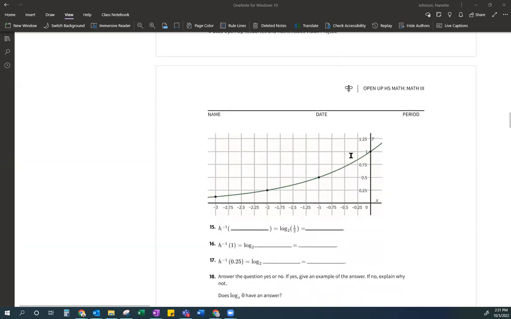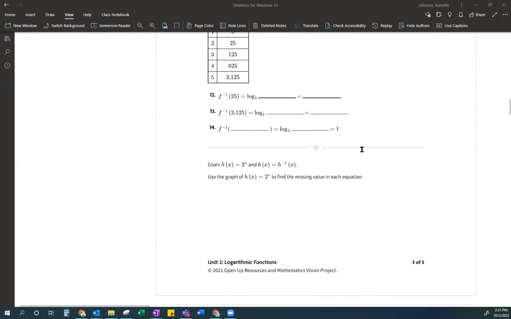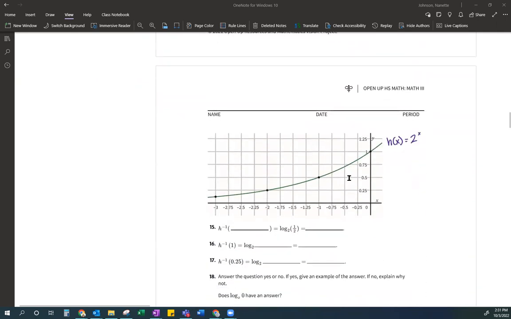So this is 2 to the x. Let me just label that there so it's a little bit easier. This is h of x, which is 2 to the x. And then k of x is h inverse of x. So k of x is equal to h inverse of x.